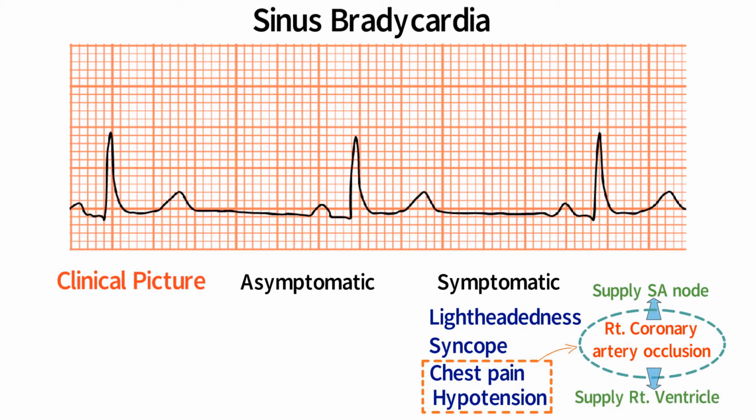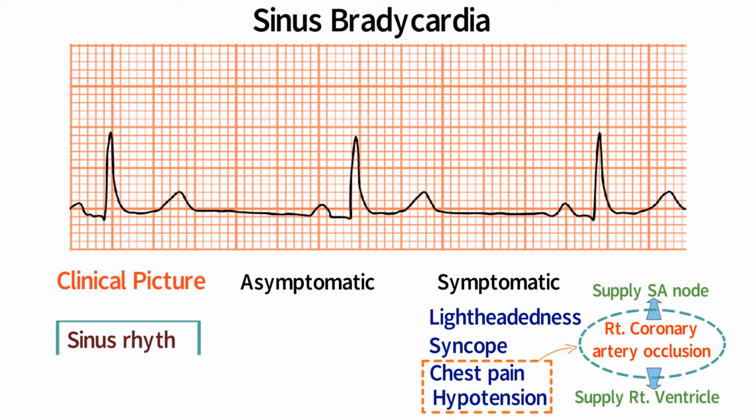So the right ventricle will not be able to push blood to the lung because it's infarcted right now. So when the right ventricle does not push blood to the lung, this will lead to less blood coming to the left ventricle, and this will lead to hypotension in return.